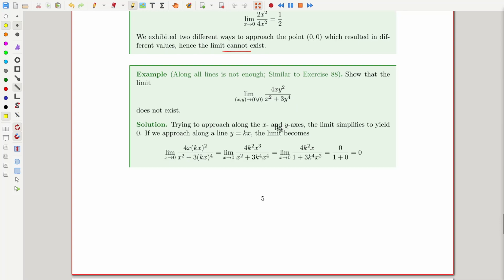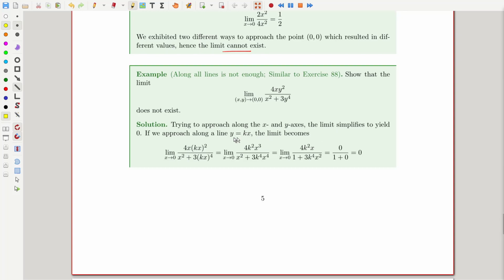You can quickly check that if you approach along the x and y axes, you're going to get 0. You get 0 on top, and you get one of these two terms in the denominator. So the limit simplifies to 0 over a non-zero value, which is equal to 0. Okay.